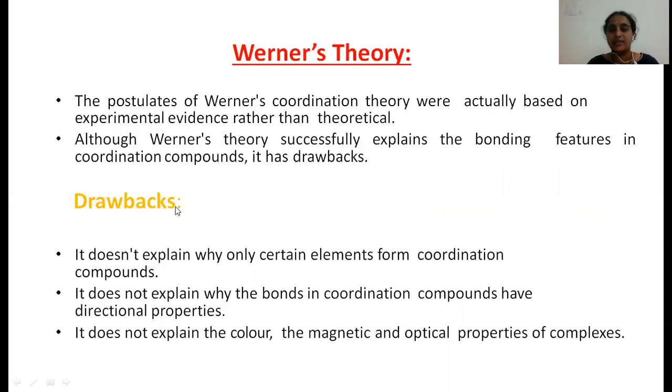It does not explain why only certain elements form coordination compounds, and it does not explain why the bonds in coordination compounds have directional properties. It also does not explain the color and magnetic properties of the complex, nor the stability of the complexes. These are the few drawbacks of Werner's theory.